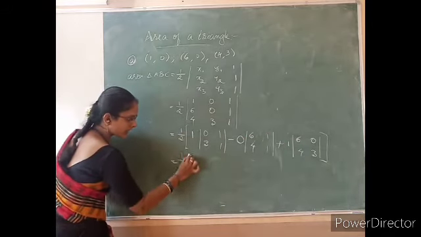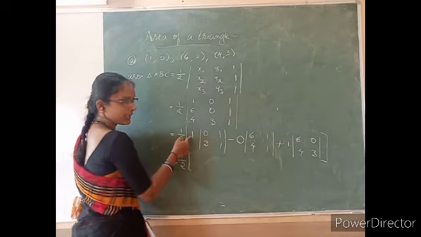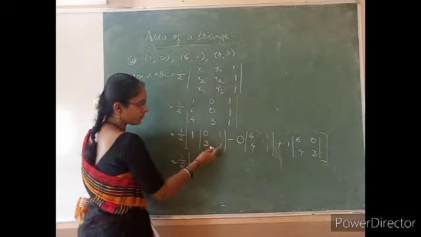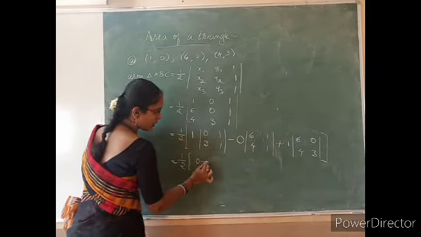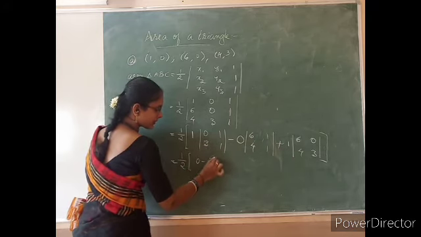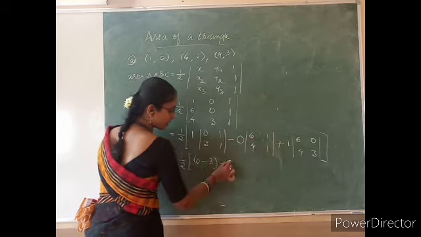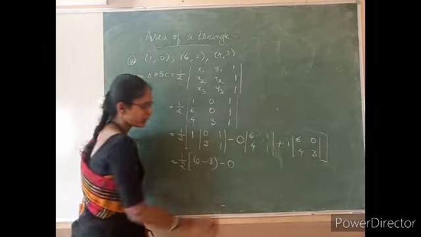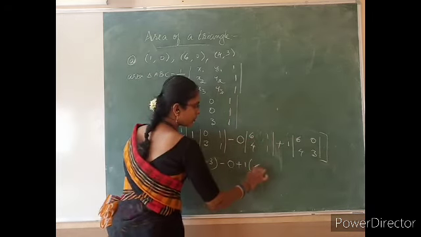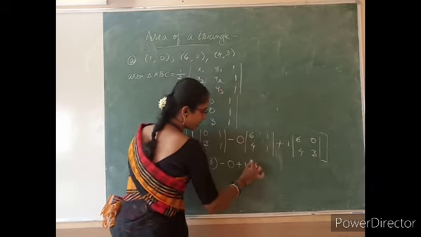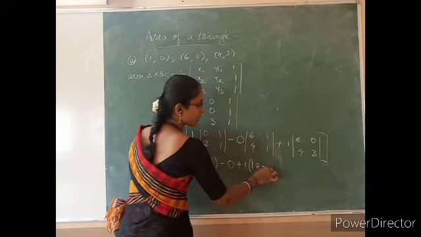So 1/2 into: 1 into (0 into 1 is 0, minus 3 into 1 is minus 3), minus 0 into any number is 0, therefore I directly write 0, plus 1 into (6 into 3 is 18, minus 4 into 0).